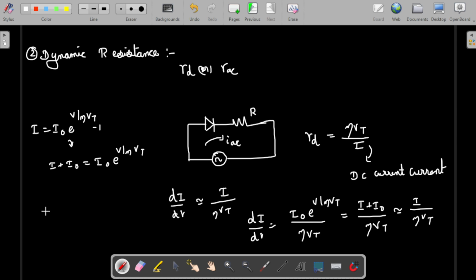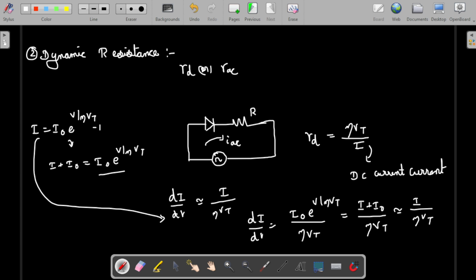This is because there is a small negligible current that is taken into picture. So if we differentiate this thing, then we will get dI by dV. Then we substitute this here, which is written as I plus I naught. Okay. So I hope you guys are able to understand the difference between static resistance and dynamic resistance.